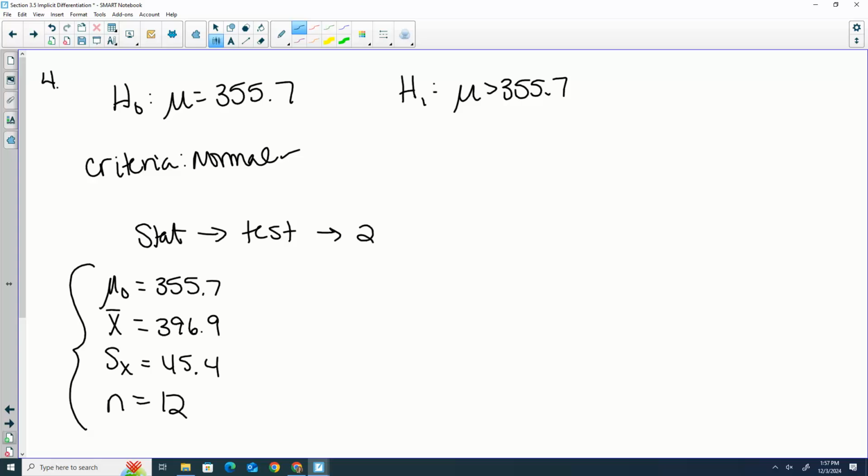So if we calculate, it tells us that the T is 3.14, P is 0.0047. So what is my conclusion?